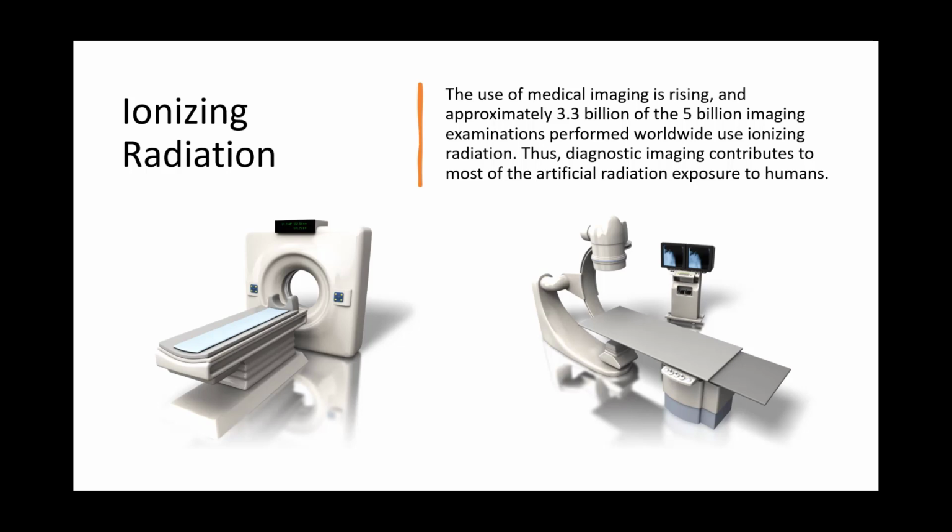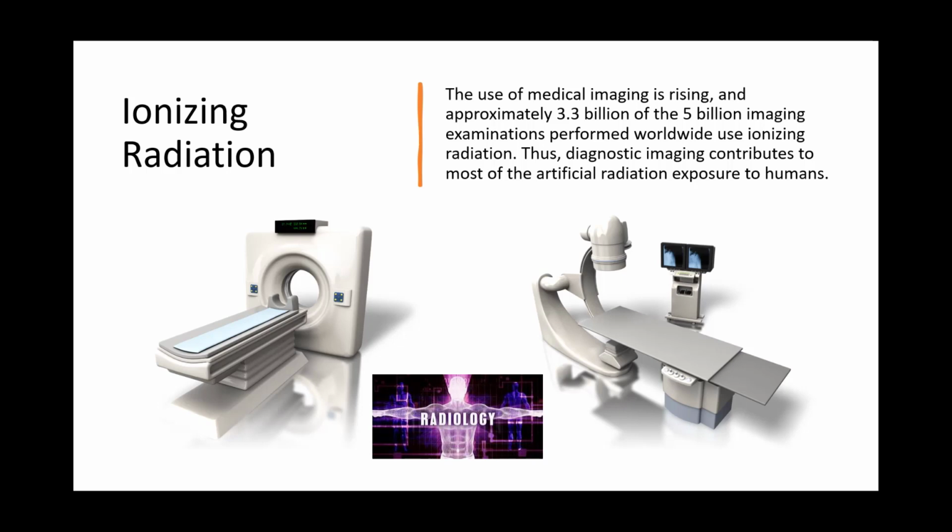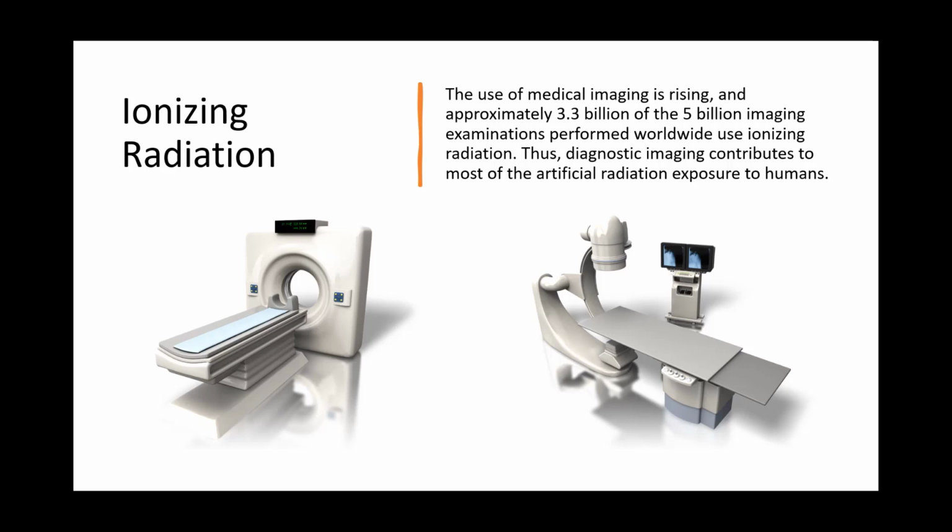We use ionizing radiation and non-ionizing radiation for a majority of the exams. The use of medical imaging is rising, and approximately 3.3 billion of the 5 billion imaging examinations performed worldwide use ionizing radiation. Thus, diagnostic imaging contributes to most of the artificial radiation exposure to human beings.